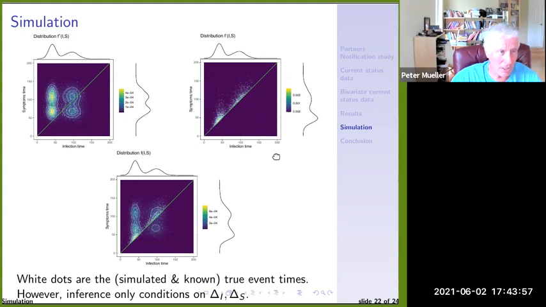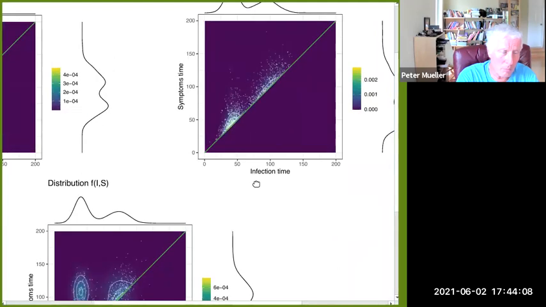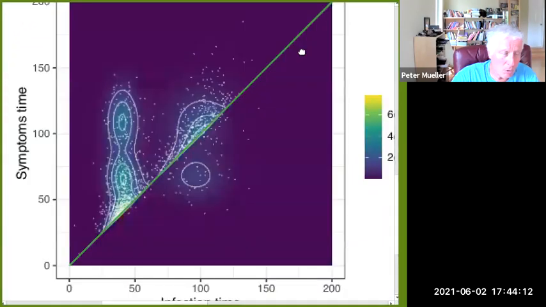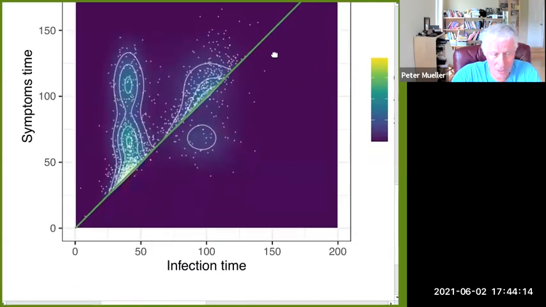So just to demonstrate that inference is not only informative, but it is also meaningful. Here's a simulation study. The simulation study was set up in a way to mimic the setup of our actual application. In that simulation study, since we simulated, we play God, right? So we actually know the true infection times and the true symptom times.